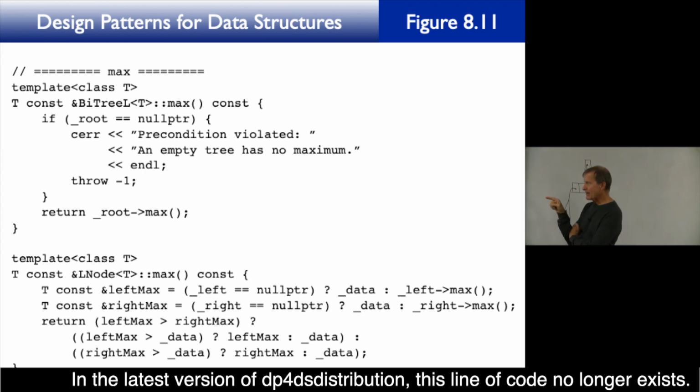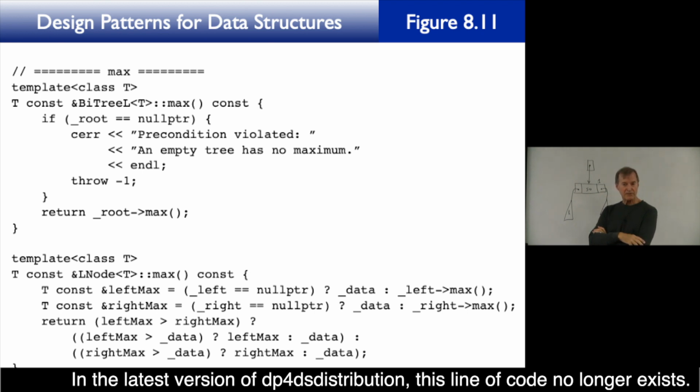this first line in the node version of max sets up a temporary variable called data temp, and the reason is that what max returns is a constant reference to t. For this max function, what does it return? It returns a T const ampersand, so it's returning a reference to T. But what is a reference? A reference is an address.